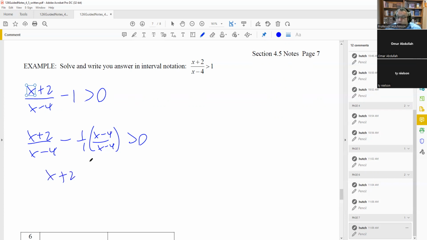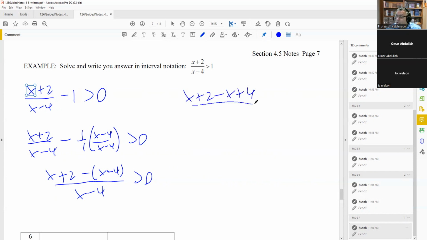That allows us now to put this all over a single denominator. So I have x plus 2, I have a minus sign there. I'm subtracting all this. So now let's simplify that. x plus 2 minus (x minus 4) over (x minus 4) greater than 0.